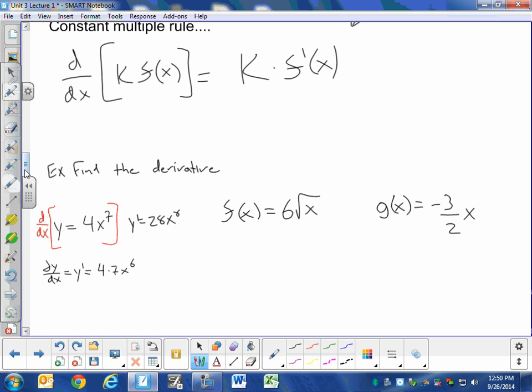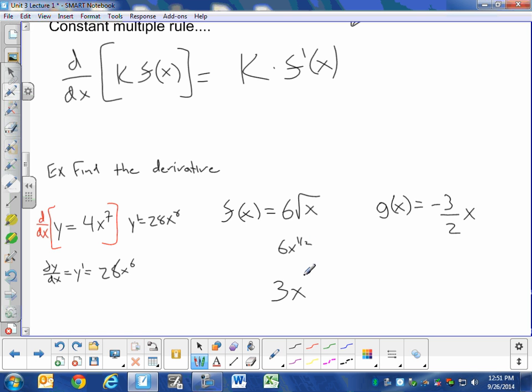It's almost easier to not even do this middle step. It's almost easier to just go 7 times 4 is 28. Subtract 1 is 6. After I would rewrite this to be x to the 1/2, I would do 6 times 1/2 is 3.